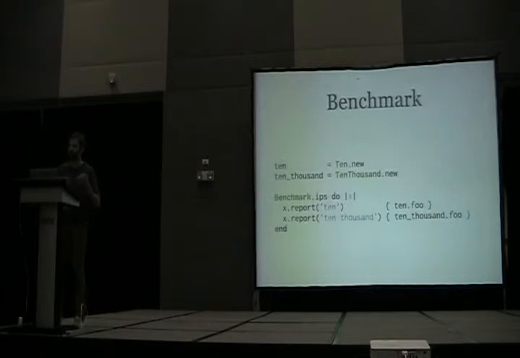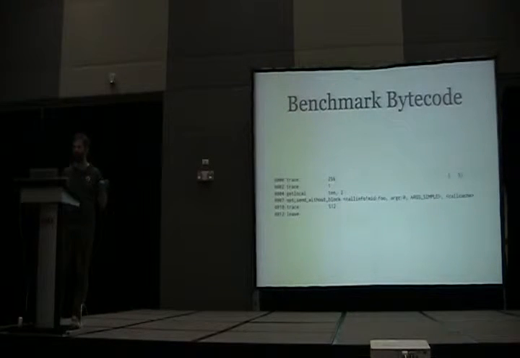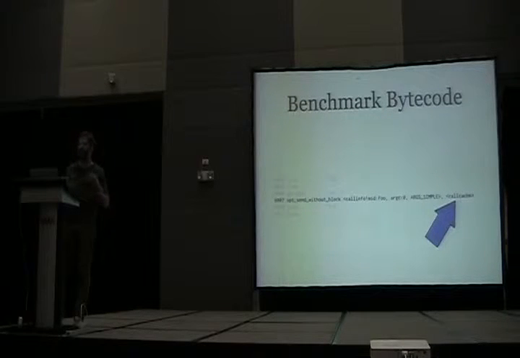So if we take a look at this benchmark, we'll see that the ancestors of 10 and the ancestors of 10,000 never change. If we know that those ancestors never change, then why do we need to look up that method? Why do we need to go through that hierarchy every single time we call the method? If we take a look at the bytecode for this benchmark, you'll see in one place we have that op send without block, and the call cache is where we actually cache that method lookup.